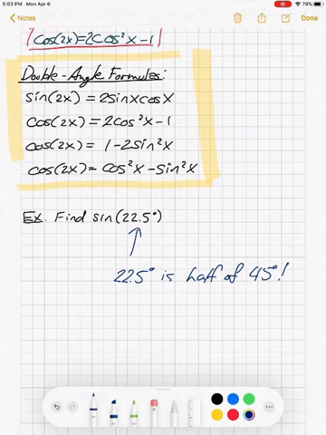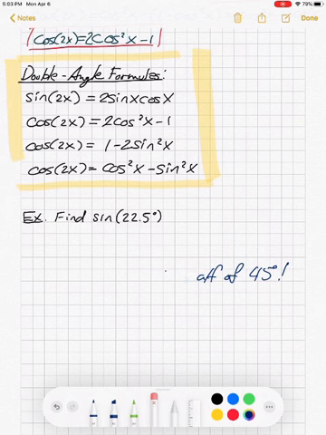So when I'm looking at these formulas, I'm asking which of them I'm going to be able to use here. What am I actually looking for? Let me think about which formula I might apply. If you just look at it, the first thing you might try is the sine of 2x formula.